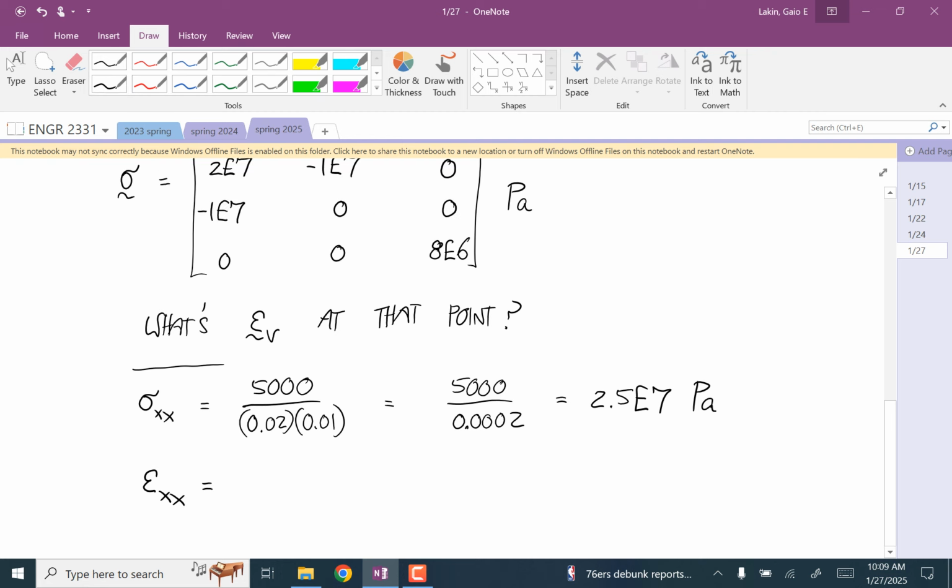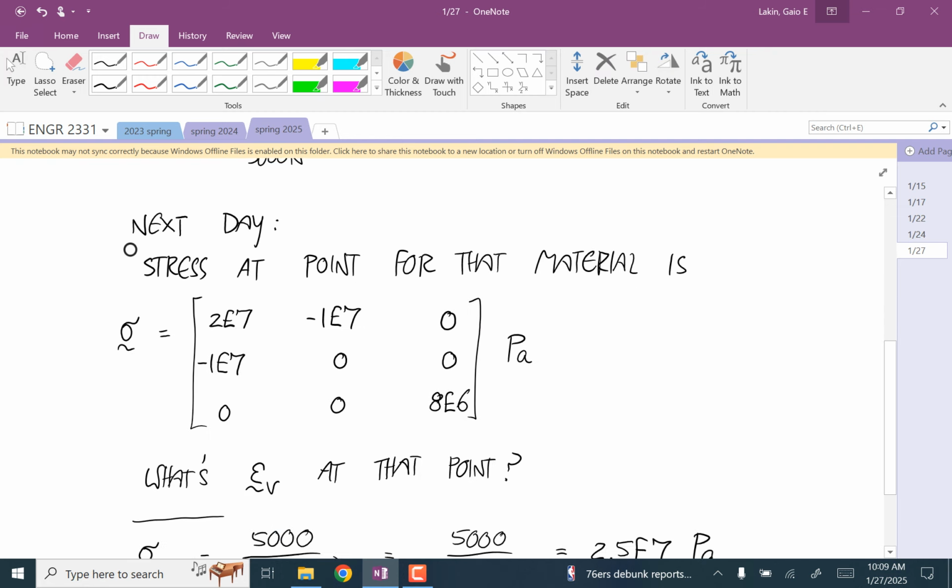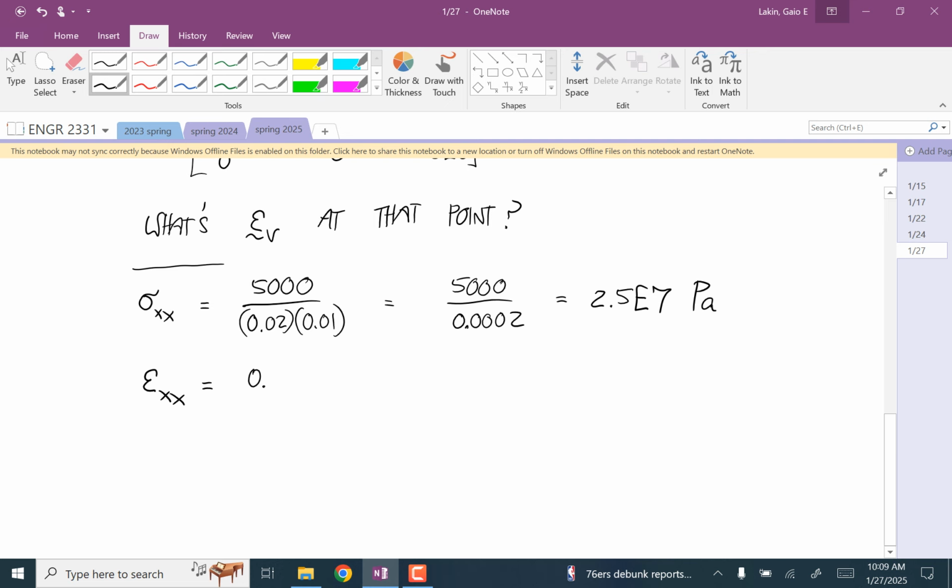So this is the deformed X length, 0.10003, minus the starting length, 0.1, divided by 0.1. And this comes out to be 3.0 times 10 to the minus 4 pascals.